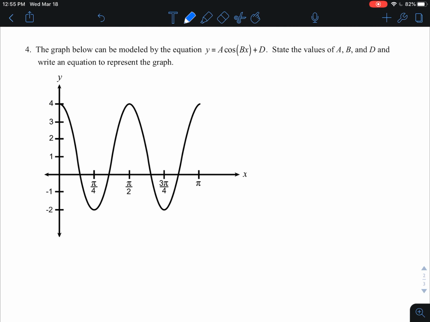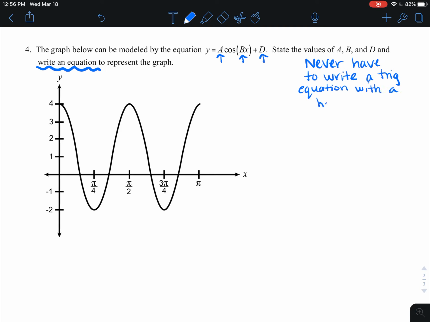Okay, and for this last question, you are asked to state the values of A, which is amplitude, B, in this case frequency, and D, the midline shift. And then to write an equation of this function. So I'm going to say this now. You will never have to write or assume a trig equation with a horizontal shift.